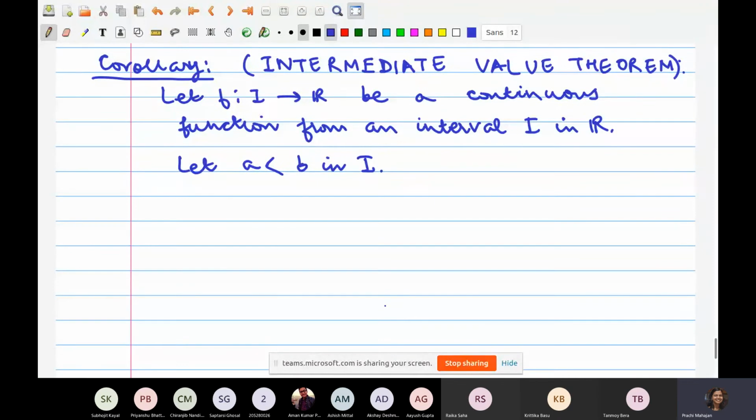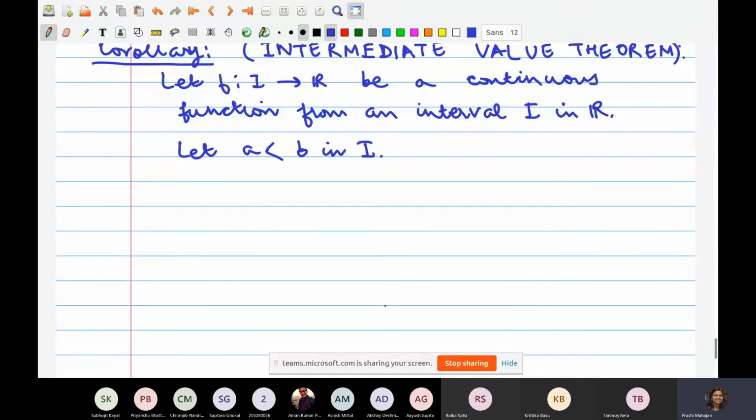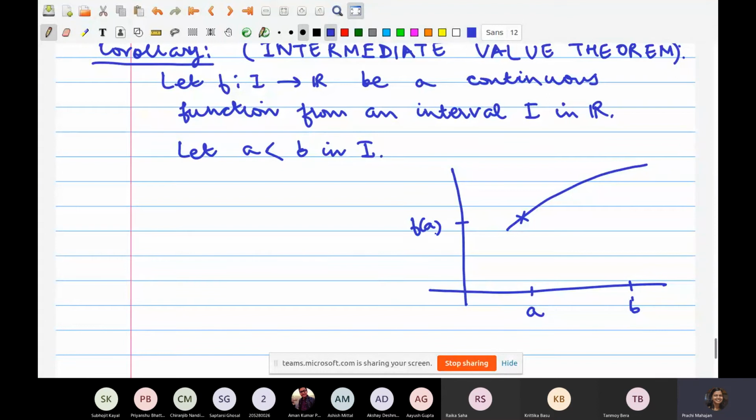Let me draw a picture, something that perhaps you're very familiar with, a graph. So this is the interval I. Suppose that a is here and b is here, a is less than b. Suppose that f looks like this. So this is the point f(a), and this is the point f(b).